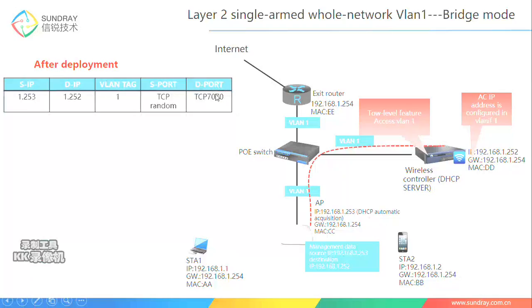So when we deploy the AP in a remote site, a remote deployment, we have to do port mapping for the controller. This is one of the ports we need to map. This is the AP control data, and then the business data just goes from the source station, the terminal, and the destination goes to the internet.